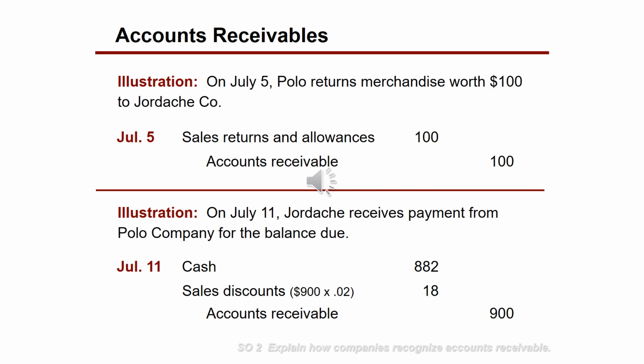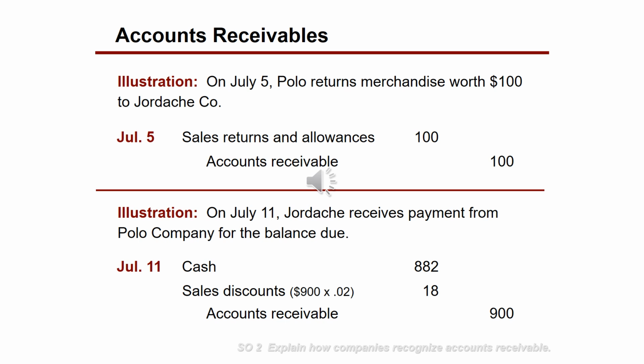You may also remember how do we record if the customer that purchased those products from us returns some of these products. We've covered that in chapter 5. So here it says on July 5th, Polo returns merchandise worth $100 to Jordan Company.